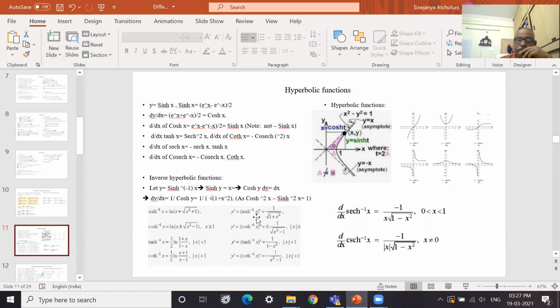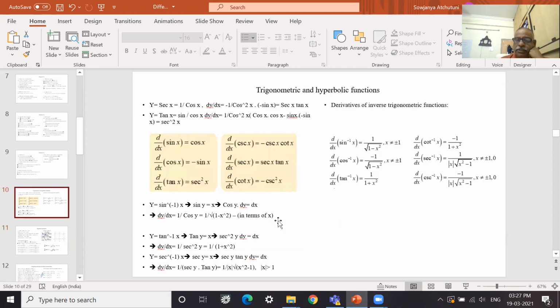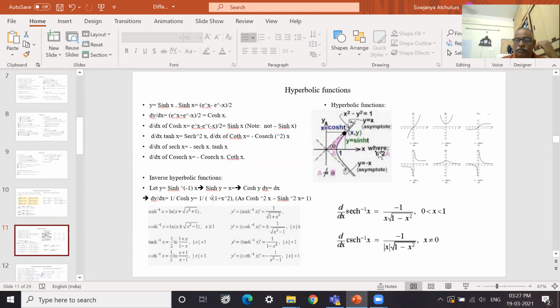Okay. Let us have a quick review. d by dx of sinh inverse x is 1 by square root of 1 plus x squared. Just remember, sin inverse is 1 by square root of 1 minus x squared, because sin squared x plus cos squared x is 1. Here cosh squared x minus sinh squared x is 1, so it is 1 by square root of 1 plus x squared. Similarly cosh inverse x is plus or minus 1 by square root of x squared minus 1.